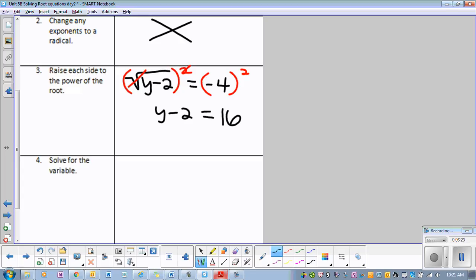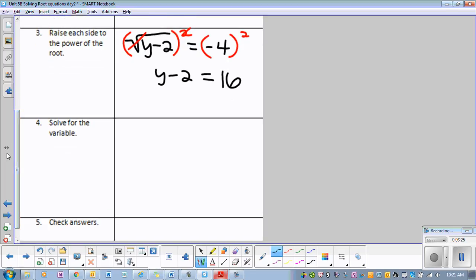Yes? And then the next step says solve for the variable. How do I solve for y? Add 2. Add the 2. So y equals 18.